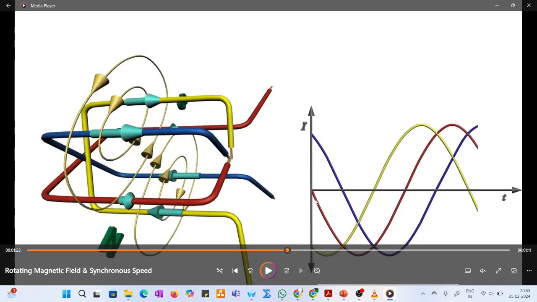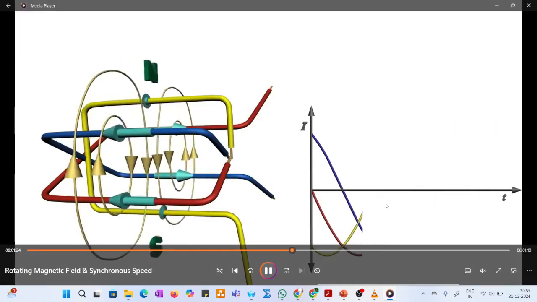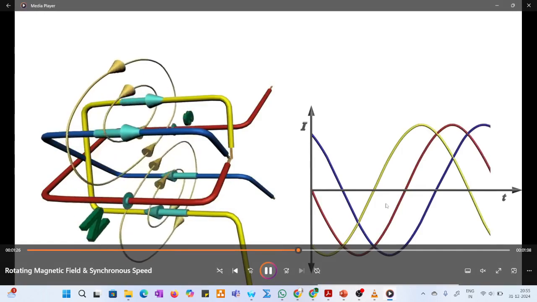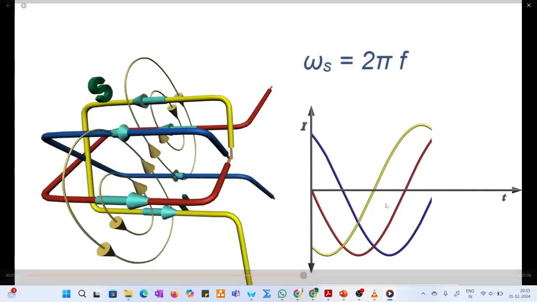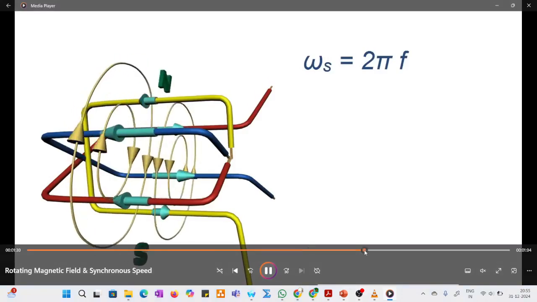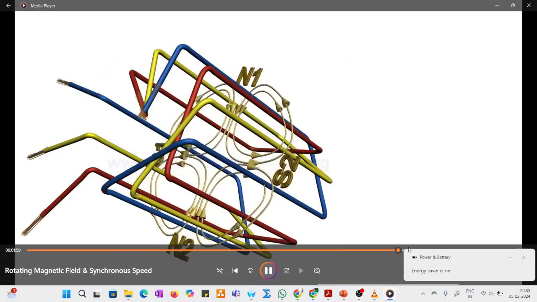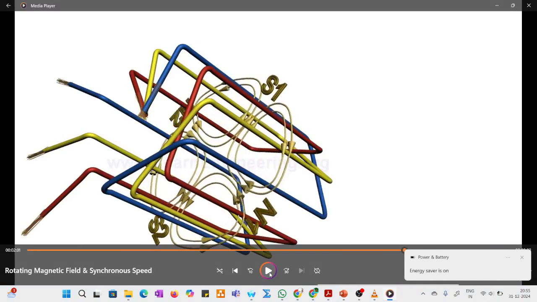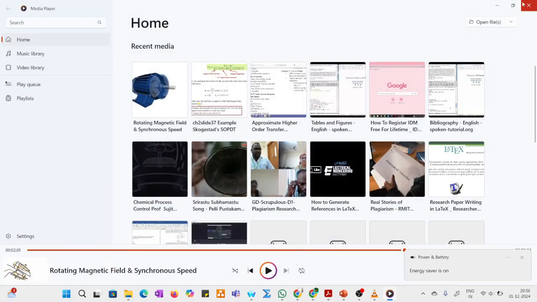Here for this phase, this is the maximum. For another phase, there is a maximum. So in each phase, one maximum flux will be produced, moving along whenever the phase is changing. That is in case of the different degrees.